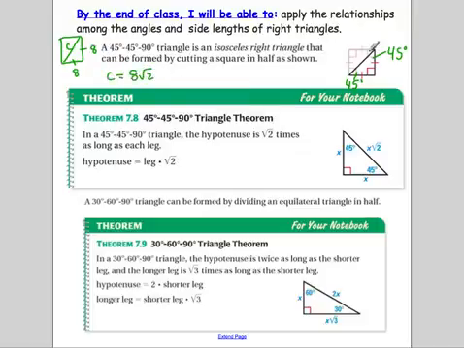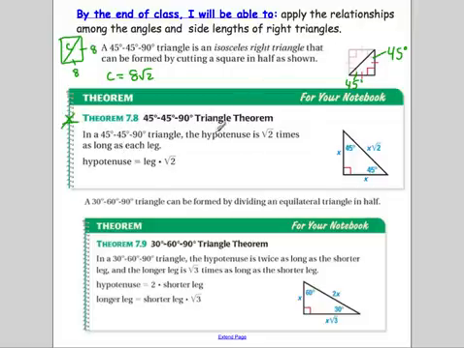Well, you do this enough times, and you'll notice that in a 45, 45, 90 triangle, all you're really doing is multiplying this by the square root of 2. So whatever this leg is, whatever this side length is, you're just going to multiply by the square root of 2. And that's what this first theorem talks about. In a 45, 45, 90 triangle, the hypotenuse is always the square root of 2 times as long as the leg.